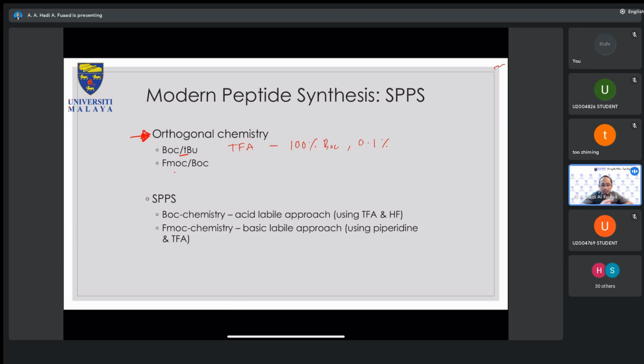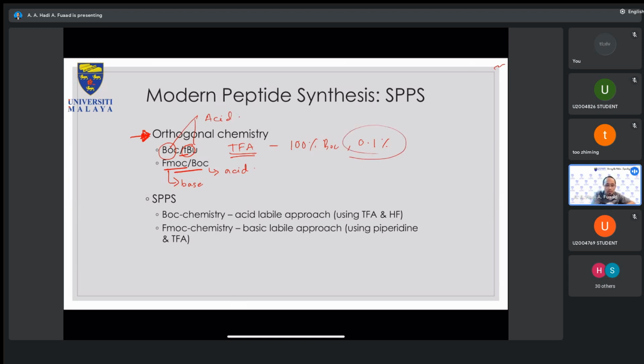So what are the main differences between those 2? Why do you use BOC in the one orthogonal chemistry and then use it in the other one? Well, this is because FMOC is not acid labile. It is base labile, while BOC is acid labile. In comparison, both of the previous ones are acid labile, so if you use TFA, you'll get both falling off or deprotected.